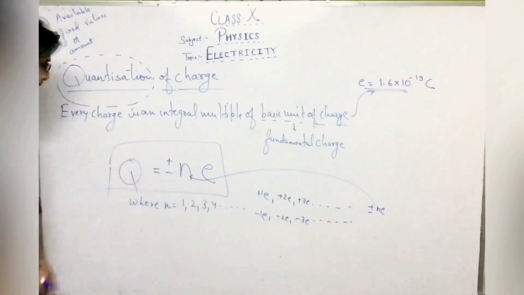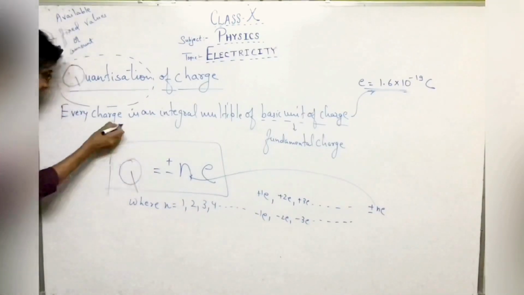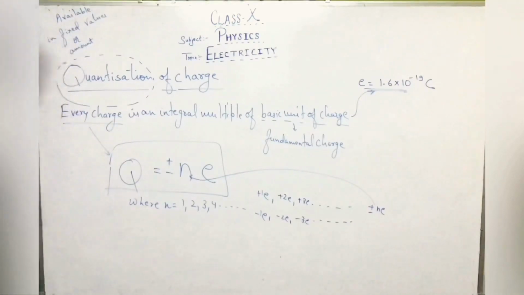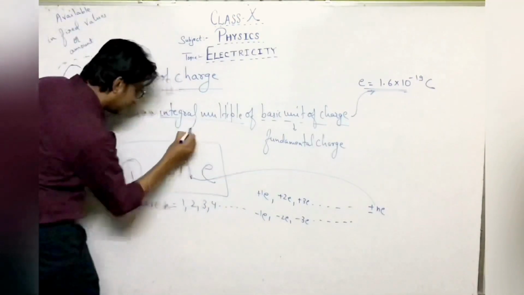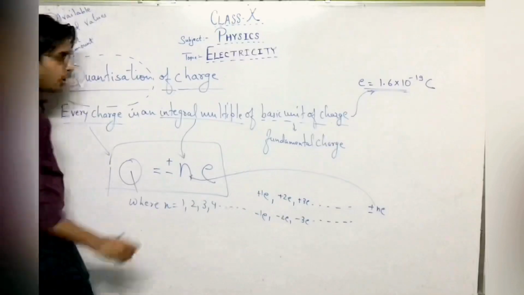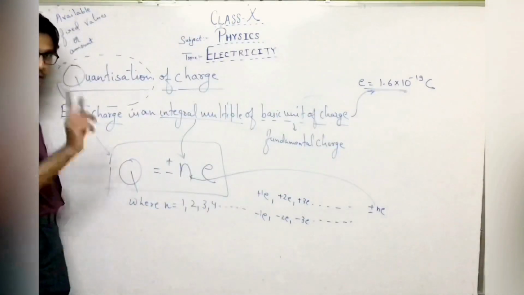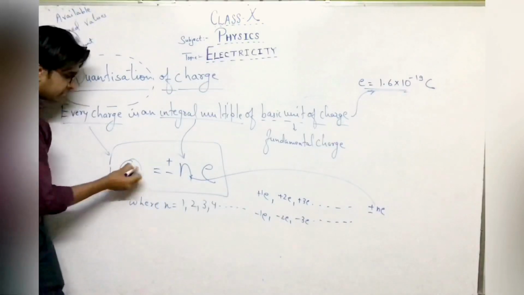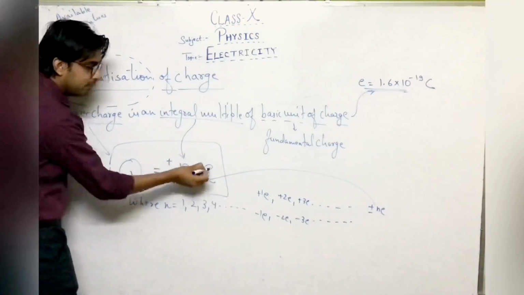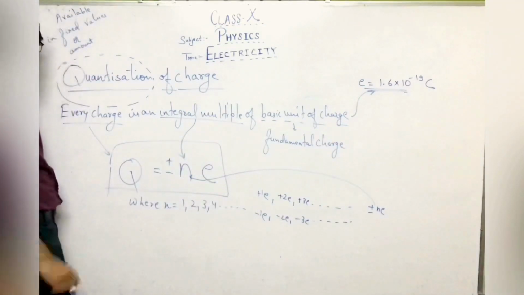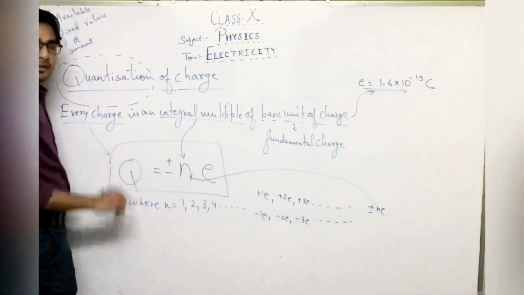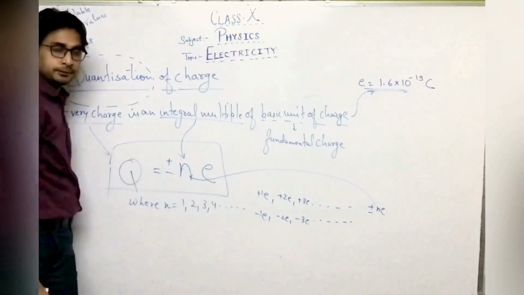So once again, every charge is an integral multiple, which means n, of the basic unit of charge. Have you understood? Every charge is an integral multiple of the basic unit of charge. This is known as quantization of charge.